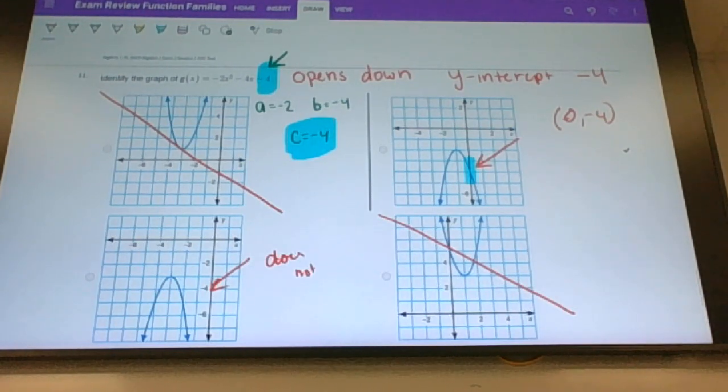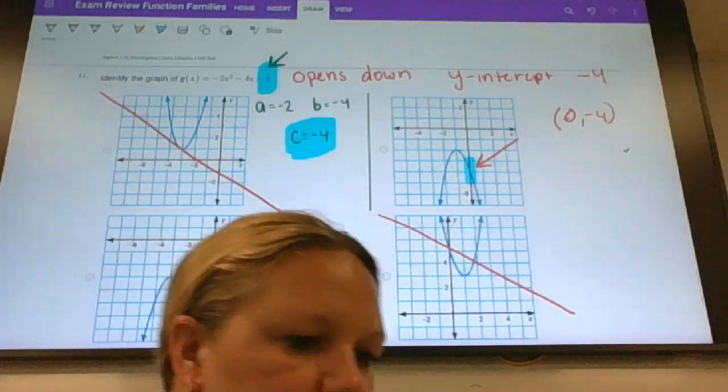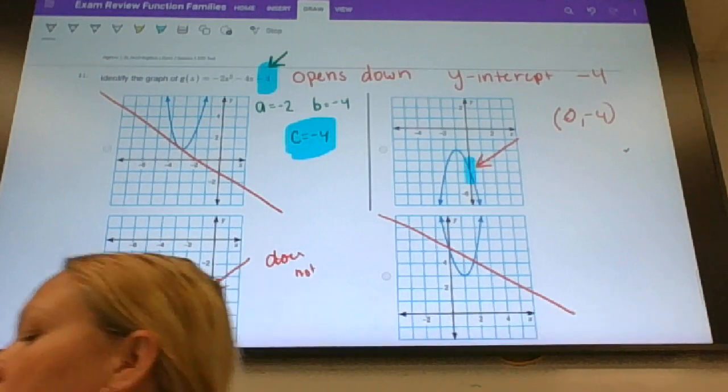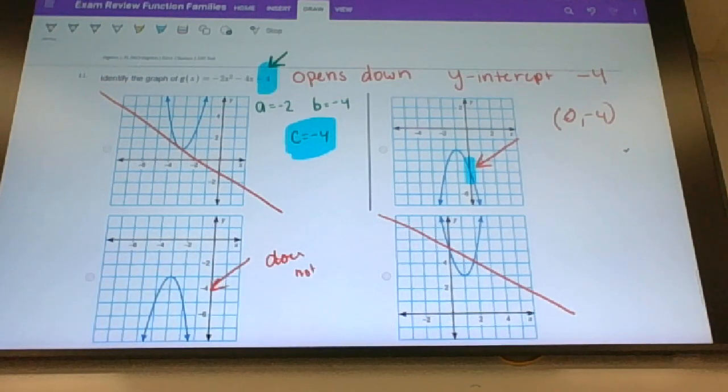Miss Baldwin, sorry to interrupt. Are we on the copy? Copy. That's the one we're on. All right.